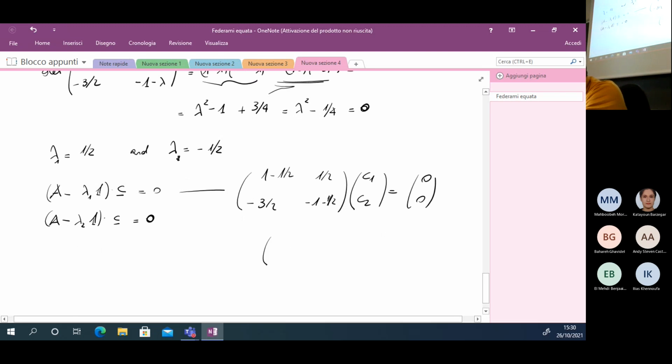If I simplify things, I get here 1/2, 1/2, minus 3/2, minus 3/2, C1, C2 equal to 0, 0.